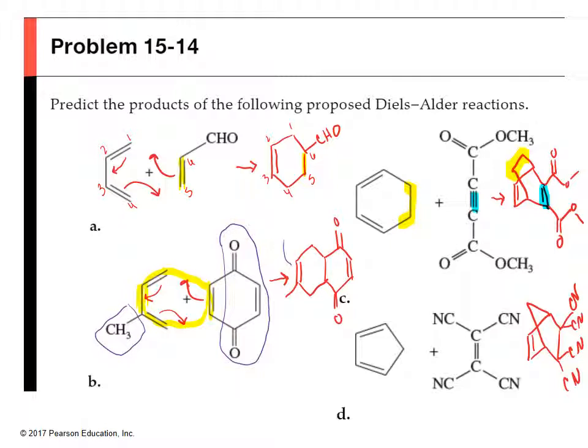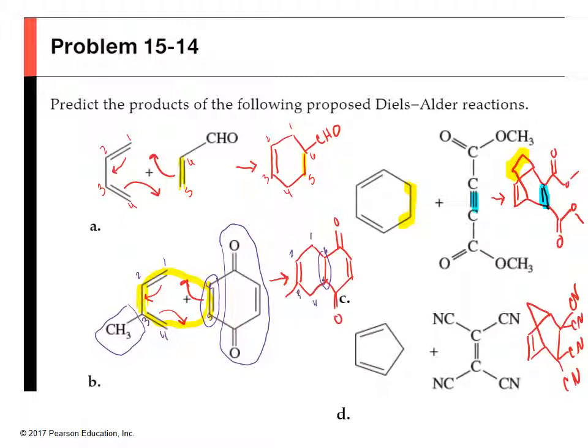You can see that my double bond ended up right there. Hanging off of this carbon, I have this methyl group. And then hanging off of this bond right here, I still have the same stuff hanging off on the right-hand side. If we number it just so you can follow along with the carbons, if I call that one 1, 2, 3, 4, 5, 6, then this is 1, 2, 3, 4, 5, 6.